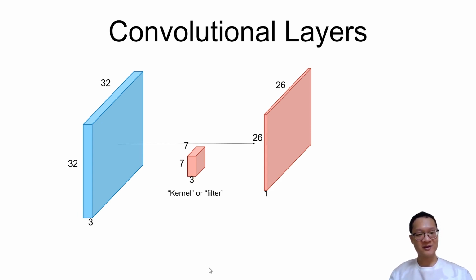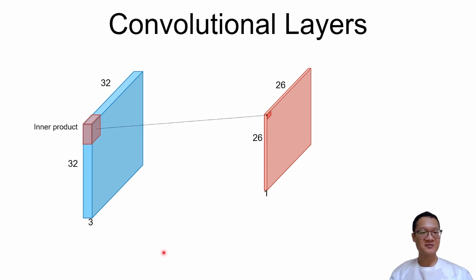And what we do with the kernel or filter is to slide it along this input image. So the first position that this filter occupies is over here. We do the inner product between the input image and the filter. So the inner product just means that we take every overlapping element, multiply them together, and then add all of that up.